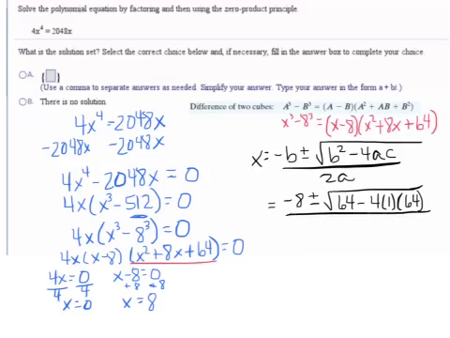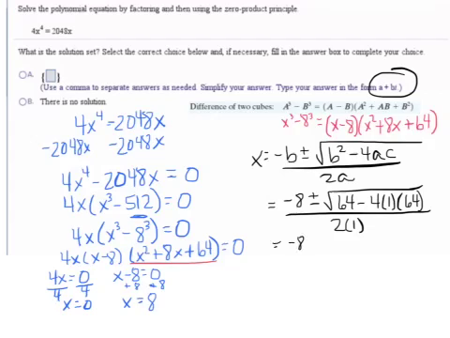And then we're going to divide it all by 2 times 1. As you can see, we've got 64 that we're going to subtract 4 times 64 from. So we're going to have a negative underneath our radical. So we're going to get an imaginary number, which is why they tell you up here they want your answer in the form a plus bi.